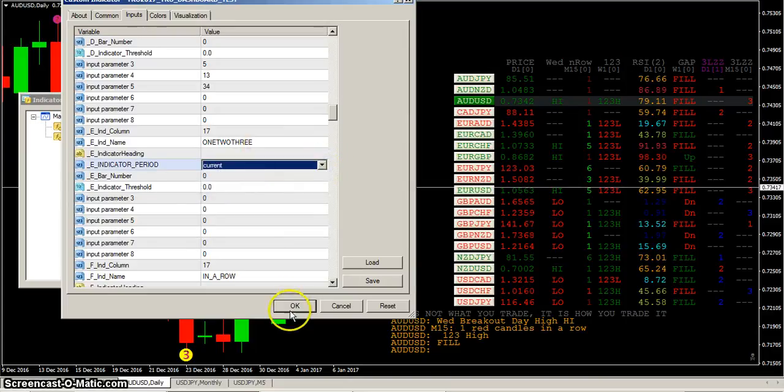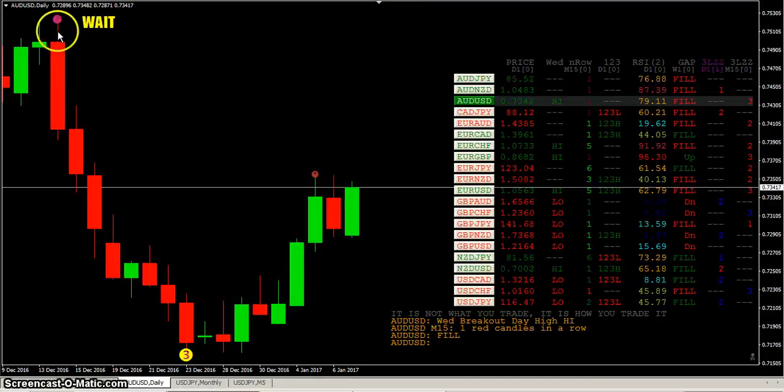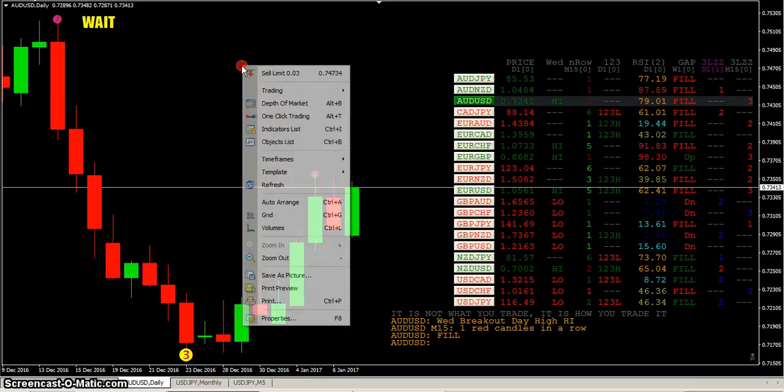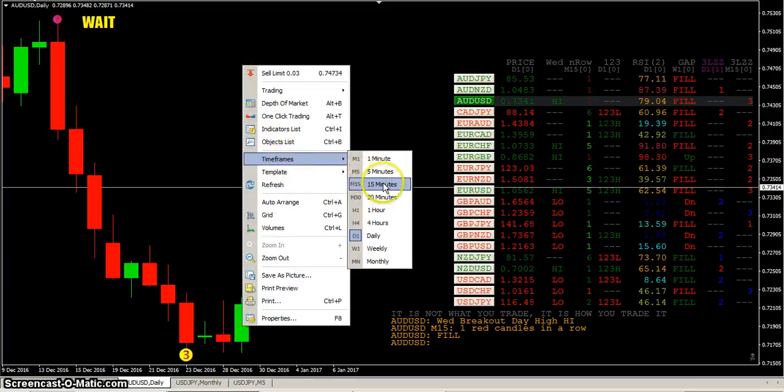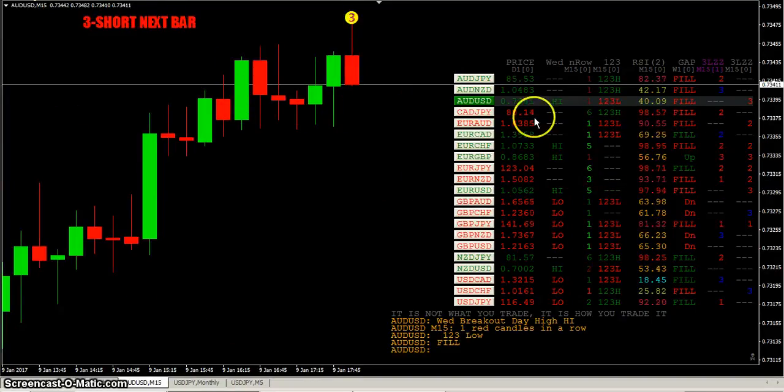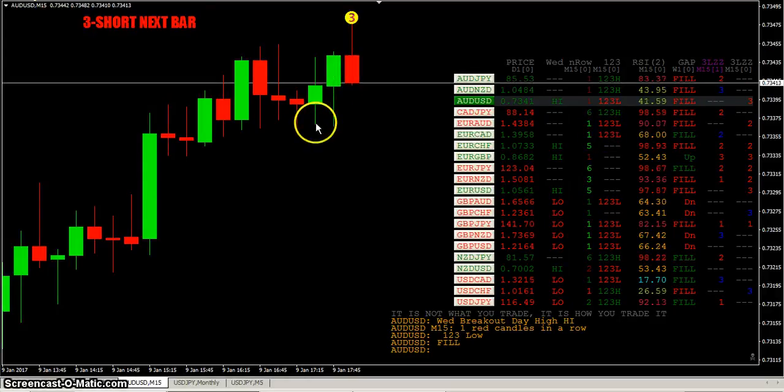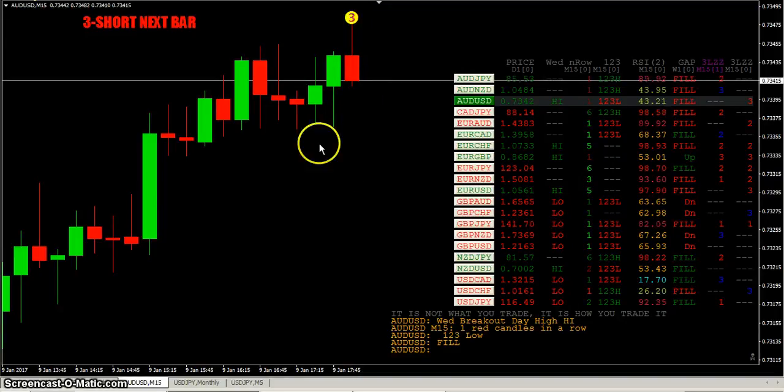We can put that on the current. See, that way, if you have it on the current, whatever chart it is, these columns will match. So we don't have anything there, but I think if we switched back to the 15-minute, okay, we have a 1, 2, 3 low right there. If you use the TRO 1, 2, 3 indicator, it'll put the little arrowheads on there.